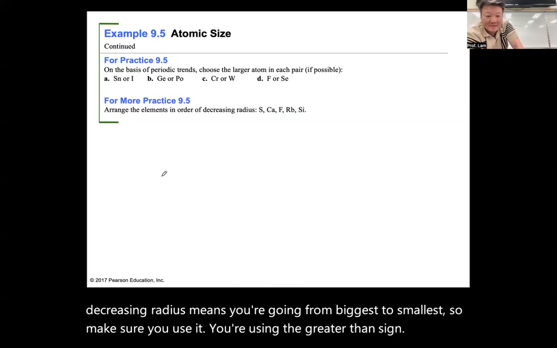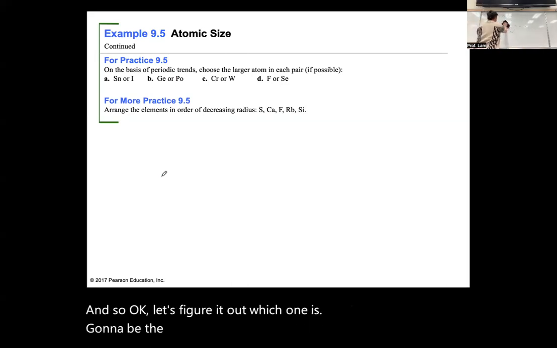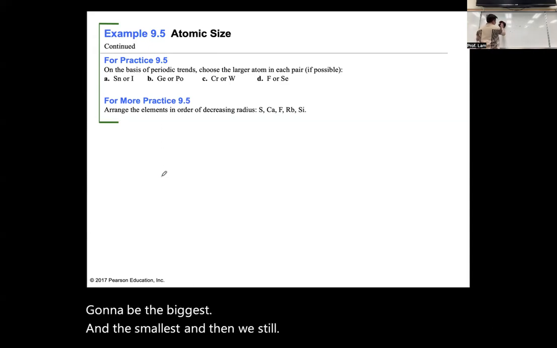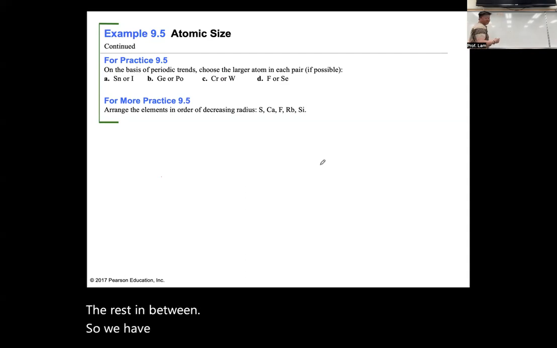And so, okay, let's figure it out. Which one is gonna be the biggest and the smallest, and then we fill the rest in between. So we have sulfur, calcium, fluorine, rubidium, and silicon.